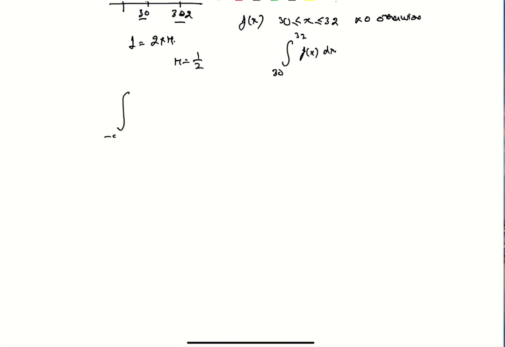Really it is minus infinity to plus infinity f(x) dx, which will be equal to the integral from 30 to 32 of f(x) dx, and that is going to be 1, because the probability from minus infinity to 30 and 32 to plus infinity is 0.